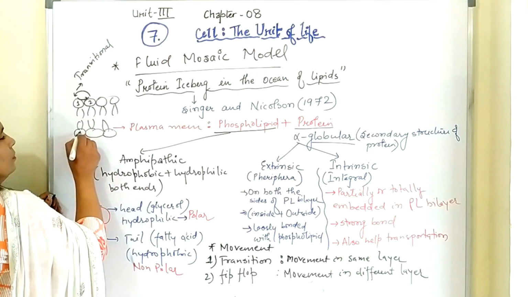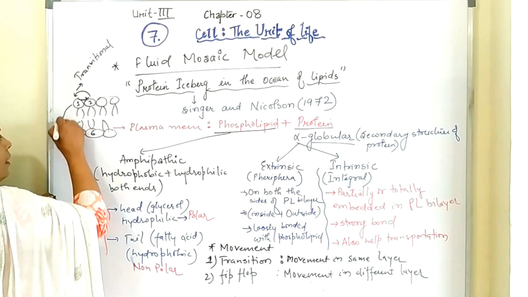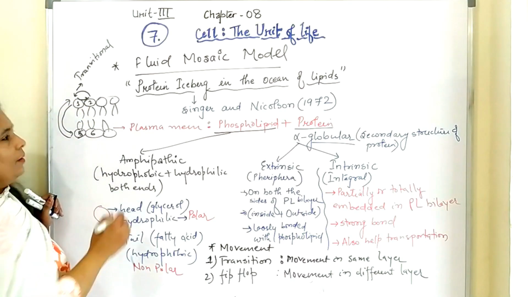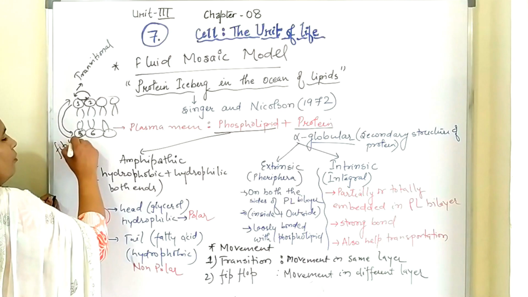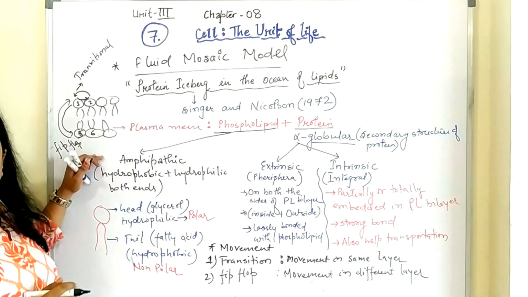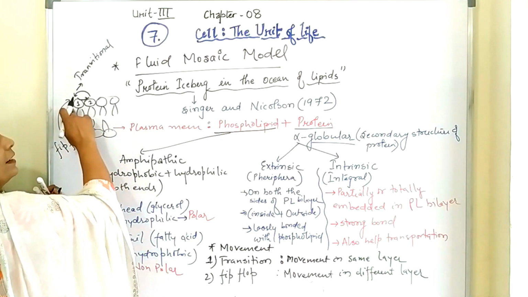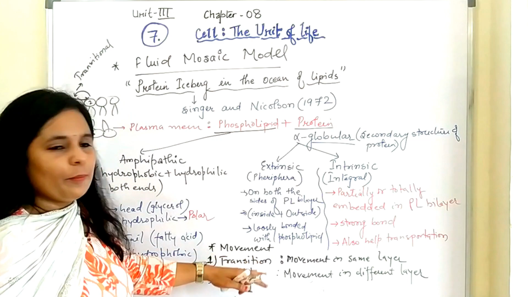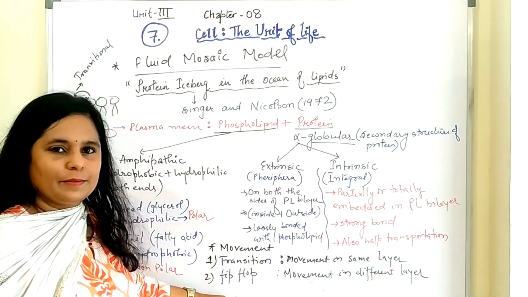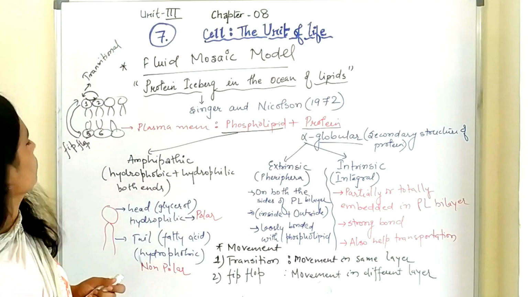Whereas if this one is coming here and the fifth one is going here, this movement is called flip-flop movement, as the phospholipid is changing its position between two different layers. So these are the two movements shown by the phospholipid. Now you can screenshot, then I will rub the board.